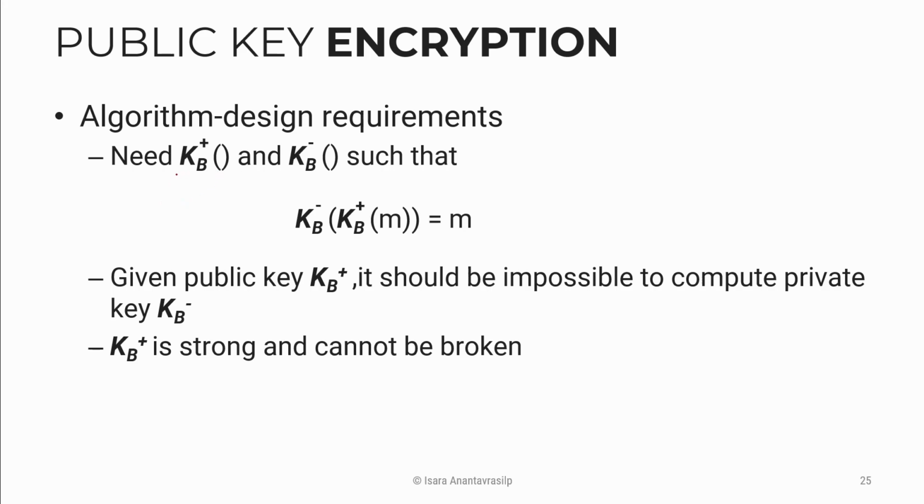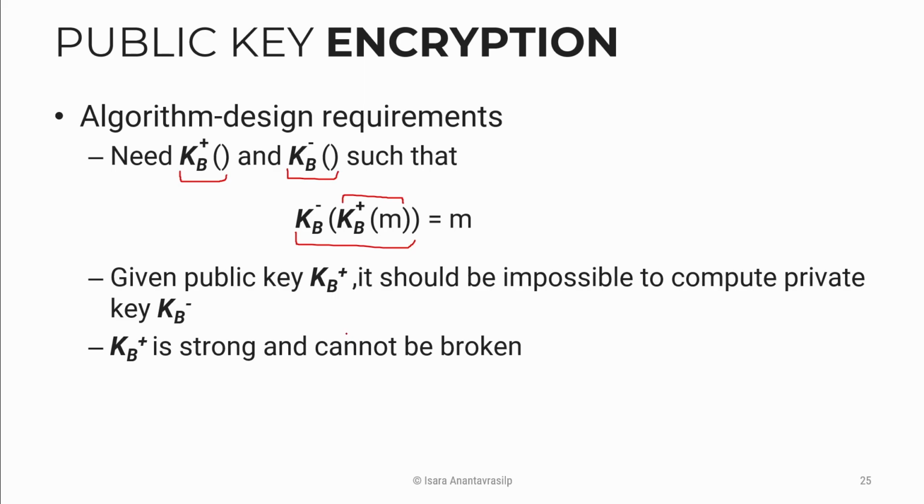First, a public key and a private key, such that when you encrypt anything with the public key, you can decrypt it back to the original message using the private key. And then we just care about one thing: keep our private keys private.